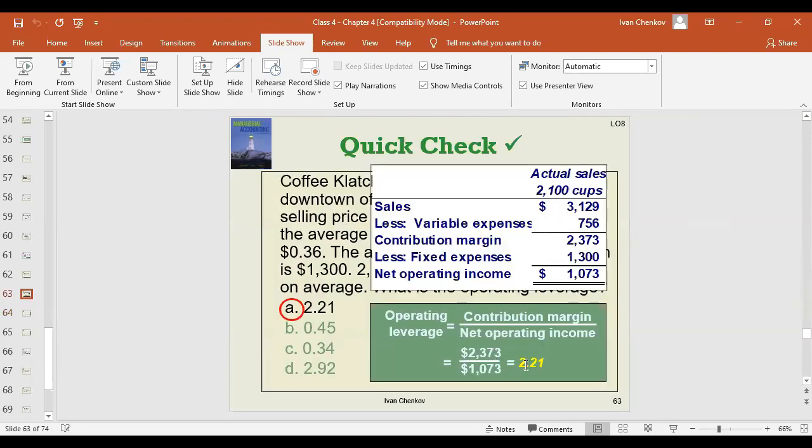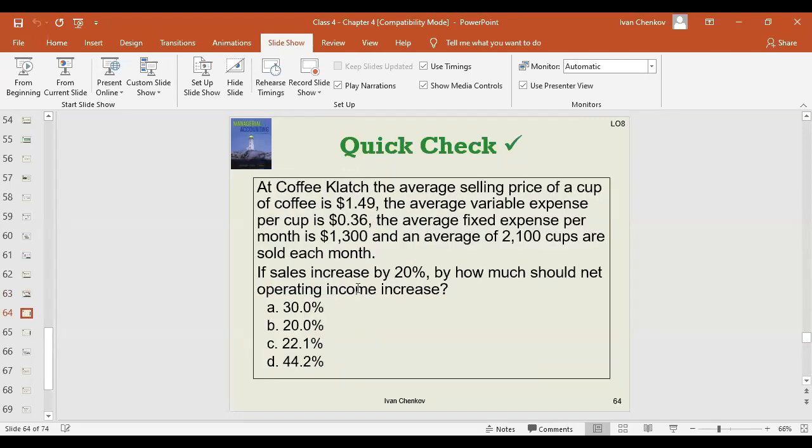2.21, correct? What's going to happen if we increase the sales by 20%? What's going to happen with operating income? How much will be the increase? It's going to be double. 44.2%, excellent.